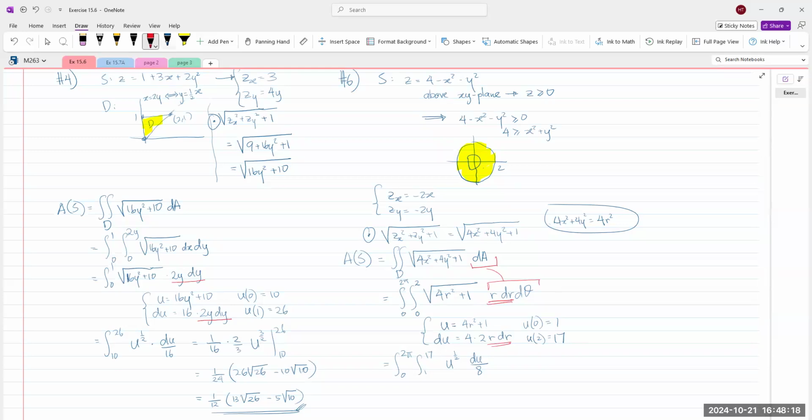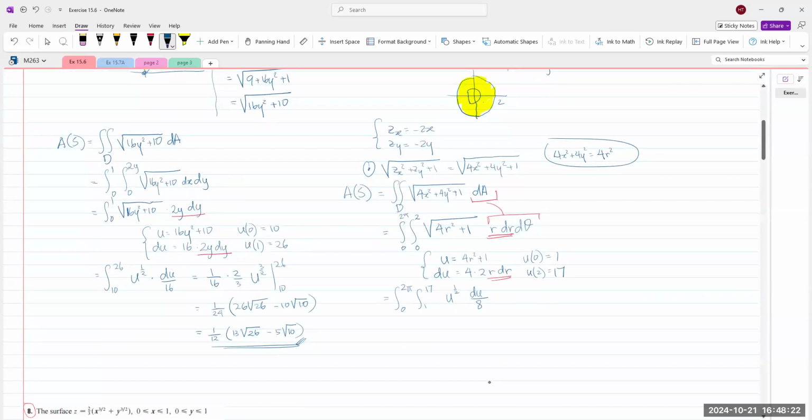And the nice thing is it's a rectangle. The integral is independent of theta, right? So the integrand has no theta, the inner integral has no theta, so that will be just the length of the interval for theta, that's 2 pi, times 1/8 times 2/3 u to the power of 3 halves, from 1 to 17.